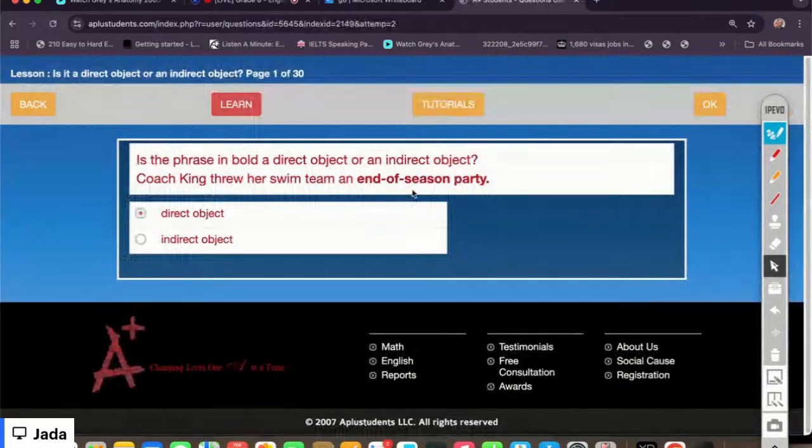So we'll move on to the test now. You can share your answers with me if you know. Is the phrase in bold a direct object or an indirect object? Coach King threw her swim team an end of season party.